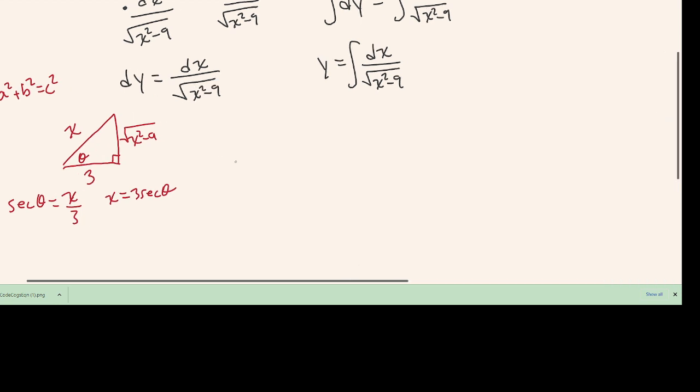So dx will be equal to 3 secant theta tangent theta d theta.